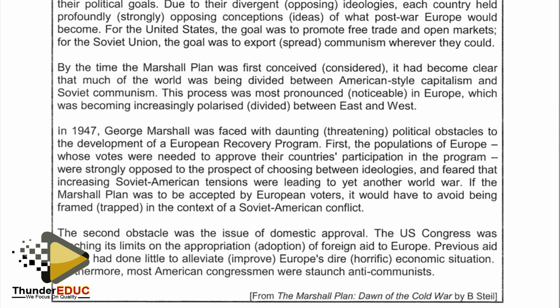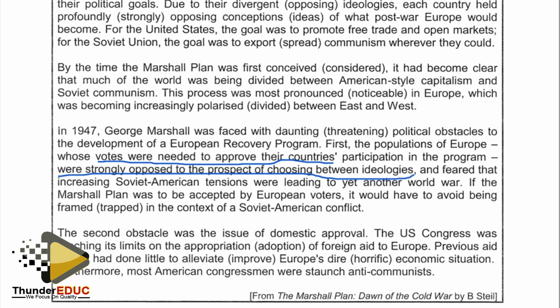Right. What was happening here? It talks about votes were needed to approve their country's participation. And those were strongly opposed to the prospect of choosing between the ideologies.